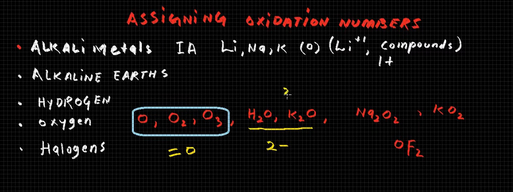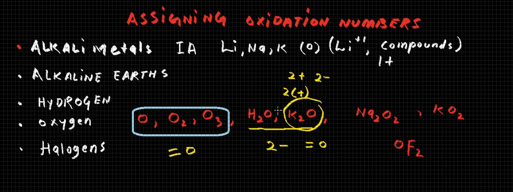So if it is 2 into +1, that is +2, the oxygen ultimately will have -2 because the overall charge on this compound is 0. So the oxidation number of oxygen in these compounds, similarly in water, it is -2.